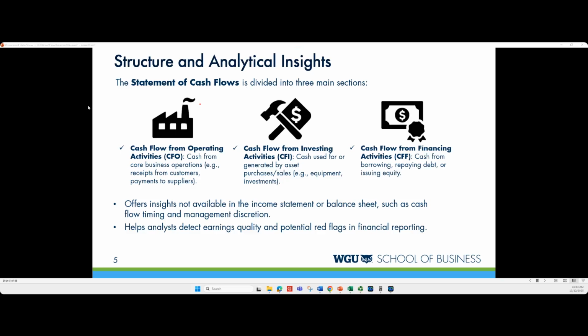For example, one of those red flags is if they see in the cash flow from operations that a lot of the cash generated is from non-cash add-backs like depreciation and amortization expenses. So if a good portion of your cash flow from operations is coming from that, it could be a red flag that the actual earnings the firm is generating are deteriorating.